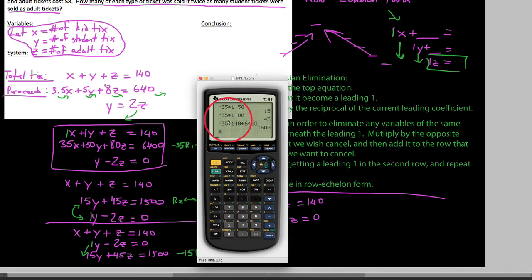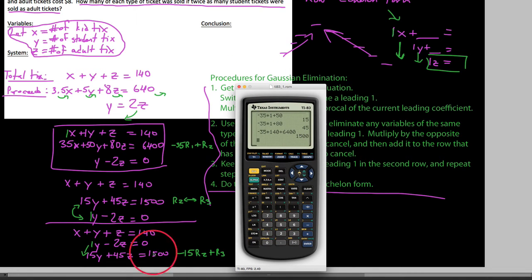So again, I'm going to get my calculator out here. We were taking negative 15 times everything in the second row and adding it to the third row. So if I take negative 15 times 1 plus 15, of course we would get no y's left over. Negative 15 times a negative 2, and we're adding that to the third row, so plus 45.